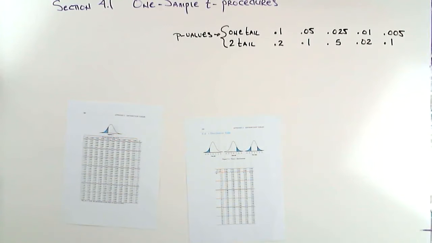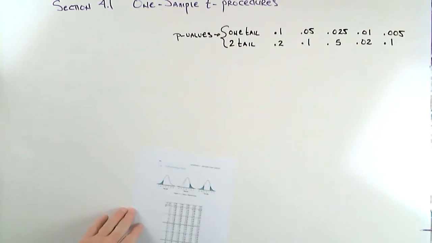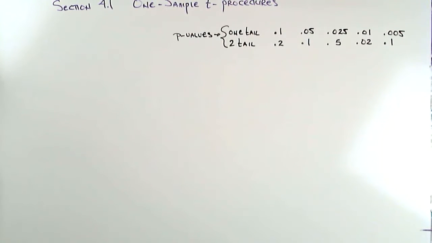We're working with a different perspective than we were working with the previous table, the z-table. Okay, so let's take a look at how problem number 4 works out.